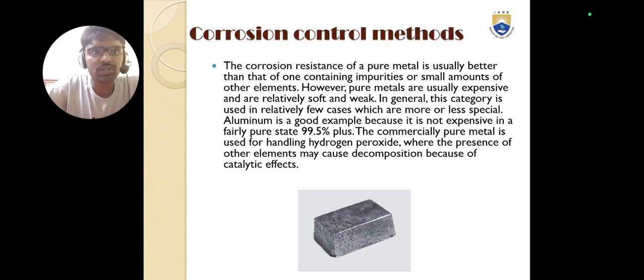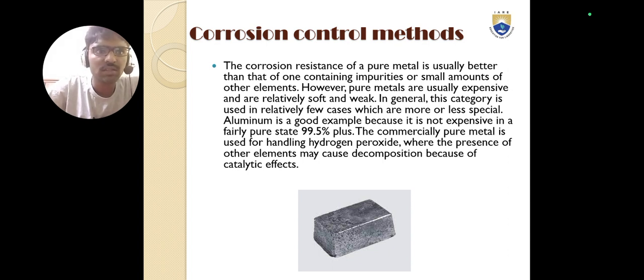So, corrosion control methods. The corrosion resistance of a pure metal is usually better than that of one containing impurities or small amounts of other elements. However, pure metals are usually expensive and relatively weak. In general, this category is used in relatively few cases, which are more or less special.